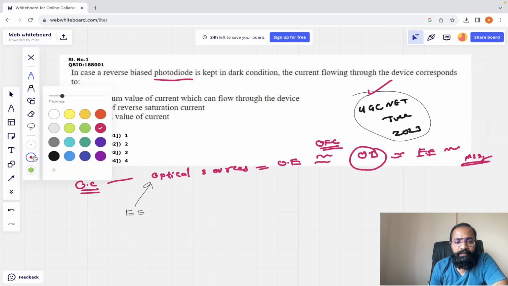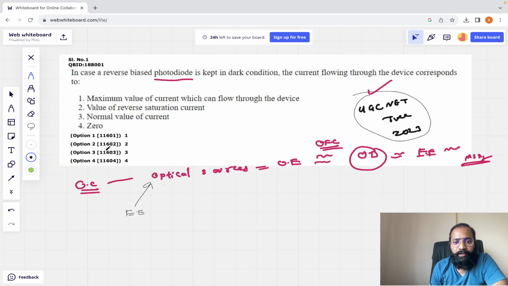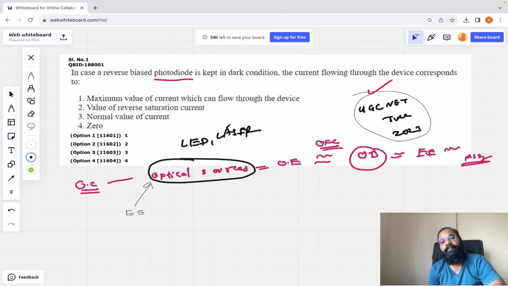Out of all these things, examples of optical sources are light emitting diodes and lasers. Light emitting diodes work based upon spontaneous emission of light.